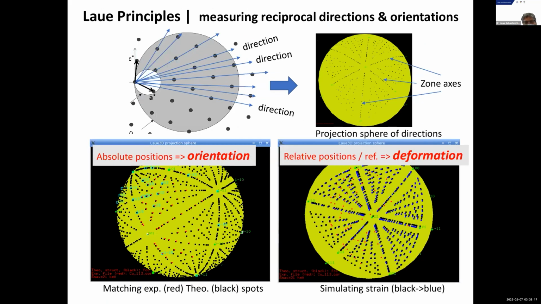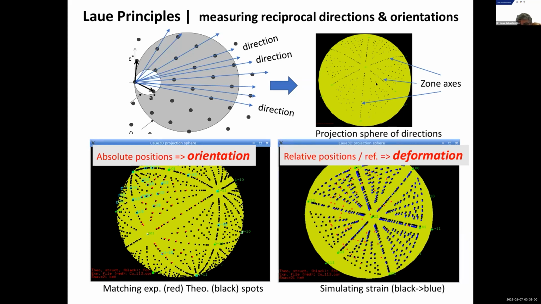Okay, another thing that I now want to explain is that we have seen that there is a mapping between any direction in the reciprocal space and a pixel on the detector. So there, I have considered all the spots and computed all the directions that correspond to them. Each direction can be projected on a big sphere, and this is this presentation.